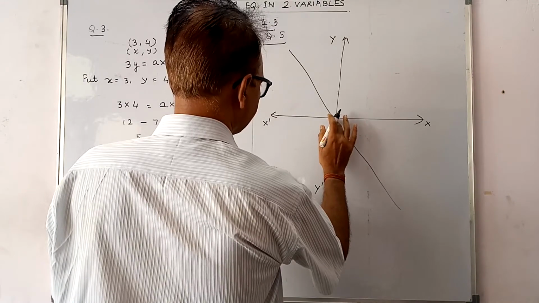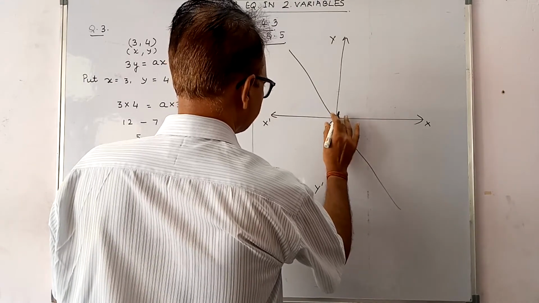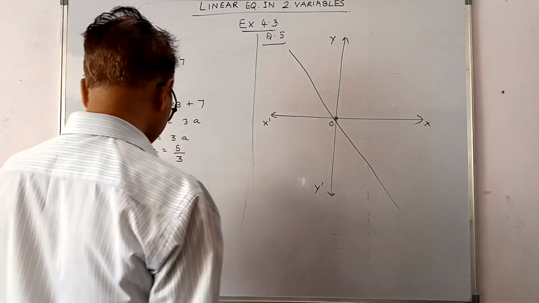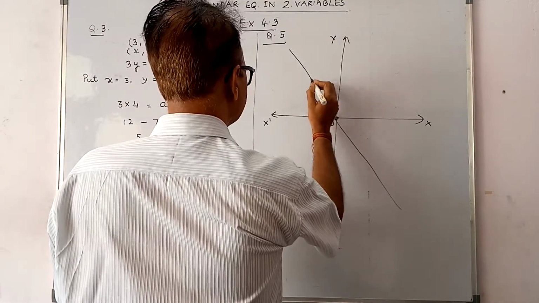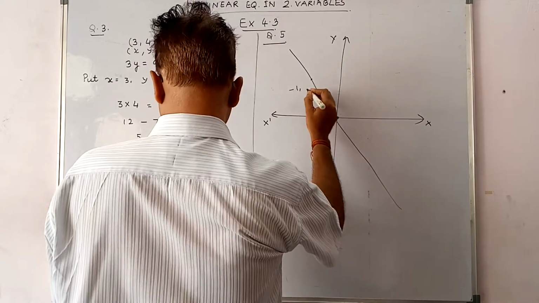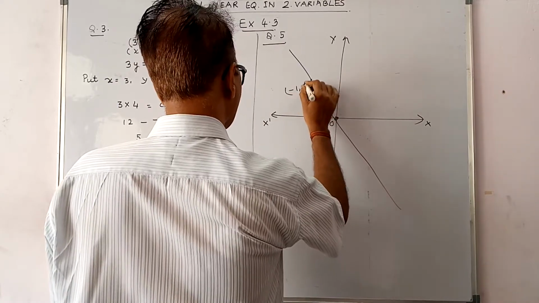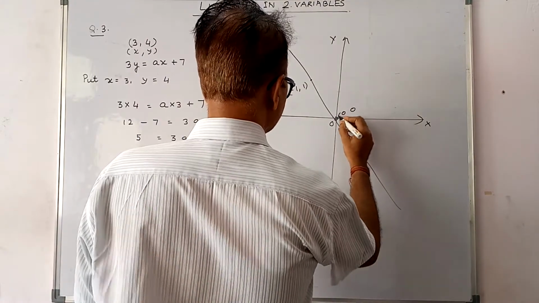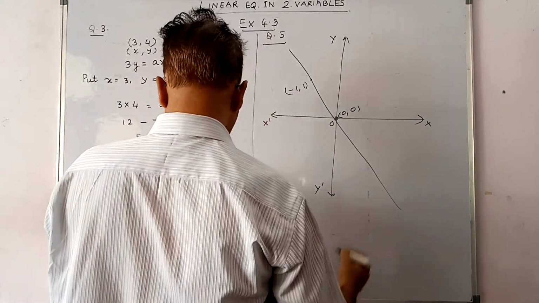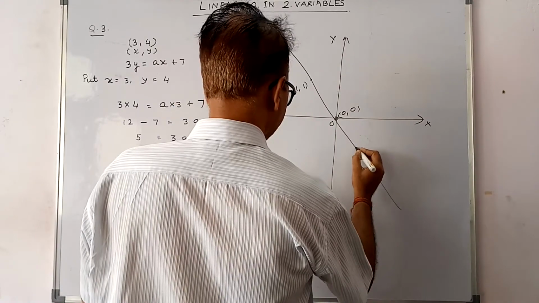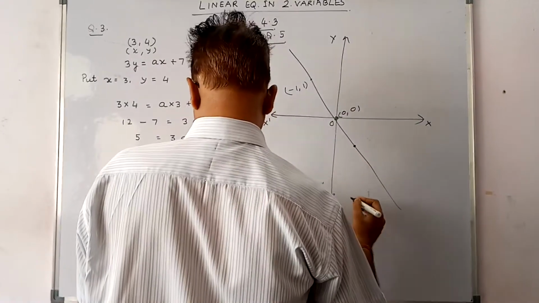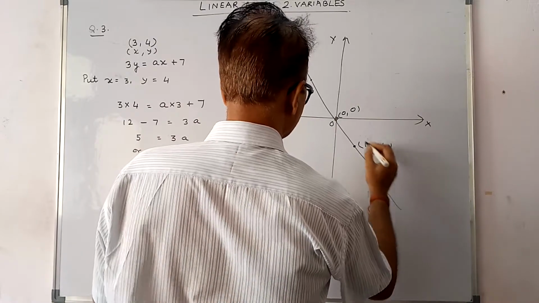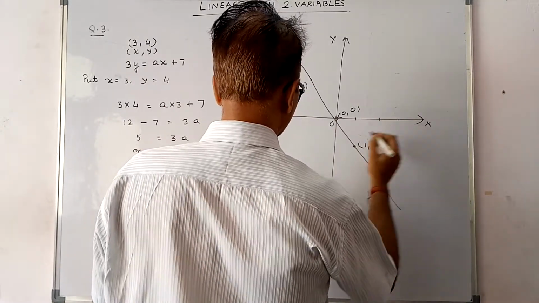The graph is exactly passing through the origin. And you see, the points given are (-1, 1). Second point is here (0, 0). And one more point on which this graph passes is (1, -1). These are the points.